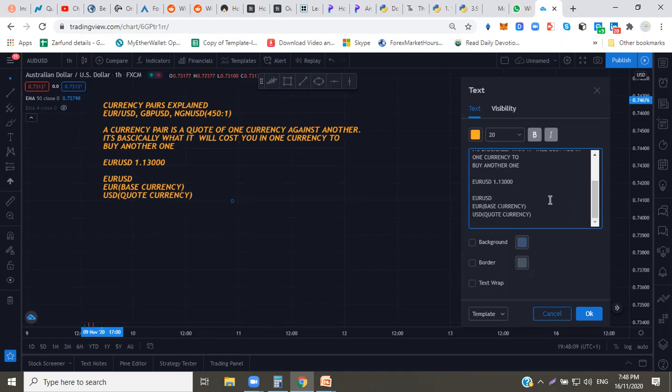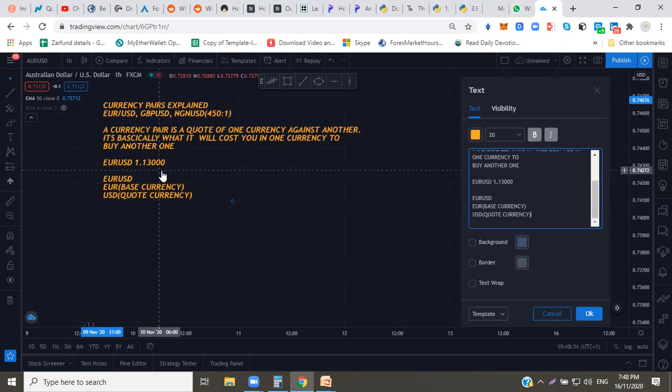But this one now, the quote currency, which is the USD, is the basis of quoting the price. We said before that this is the price quote: Euro USD 1.30. This price quote is quoted on the basis of USD.